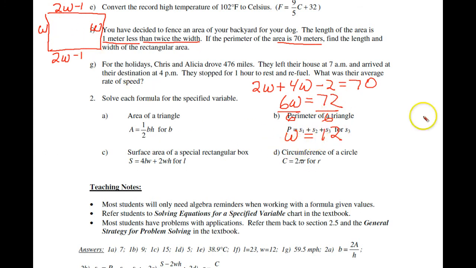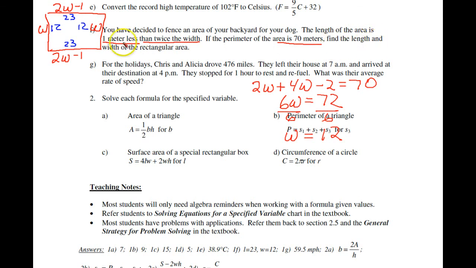So if our widths are 12, our lengths are going to be 24 minus 1, so it'd be 23 and 23. So let's see what they want us.